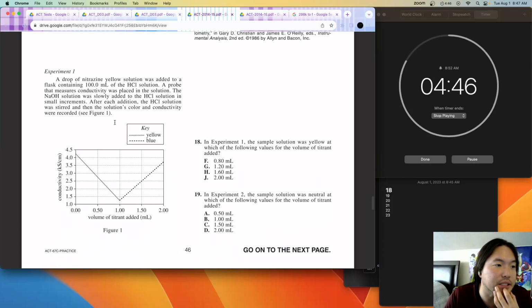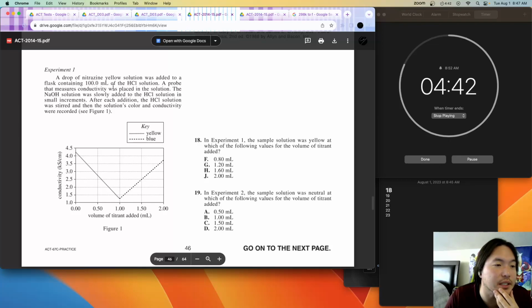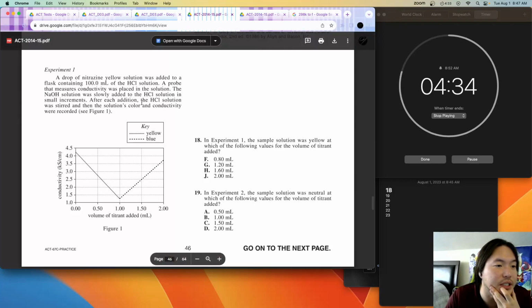Okay, so we have some experiments here. A drop of nitrazine yellow solution was added to the flask containing 100 mL of HCl solution. A probe that measures the conductivity was placed in the solution. Then NaOH solution was slowly added to the HCl solution in small increments. After each addition, the solution was stirred, and the solution's color and conductivity were recorded. Okay. Yeah, so it's yellow, yellow, yellow, blue, blue, blue. Conductivity goes down and then it goes up.